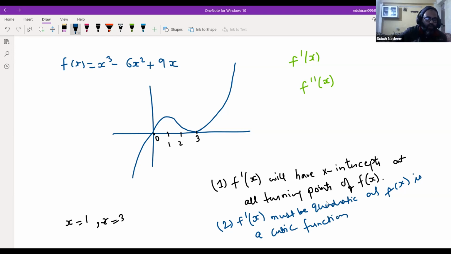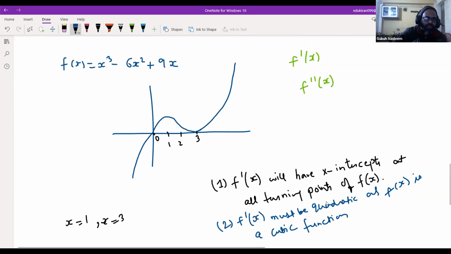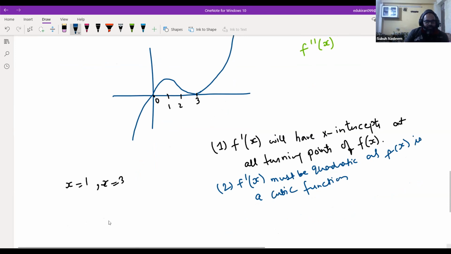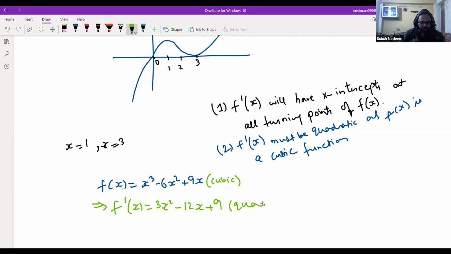You can just differentiate also: x cube minus 6x square plus 9x. This is what we have, and then we differentiate it. What will happen? 3x square minus 12x plus 9. This is what we will get. So this is a quadratic. This is a cubic, and its differentiation is quadratic.